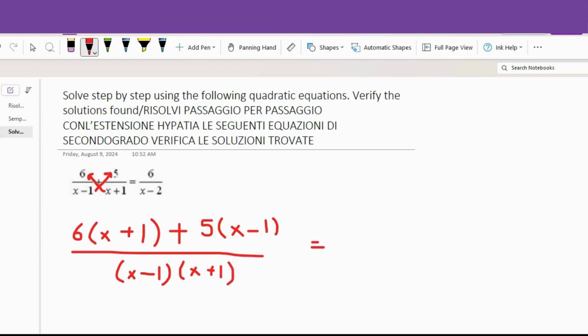And here it is equal to 6 out of x minus 2.